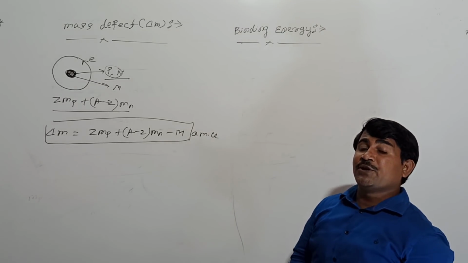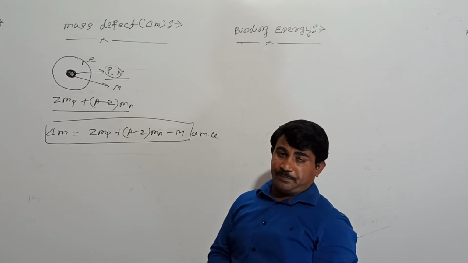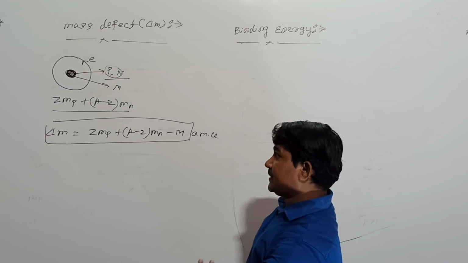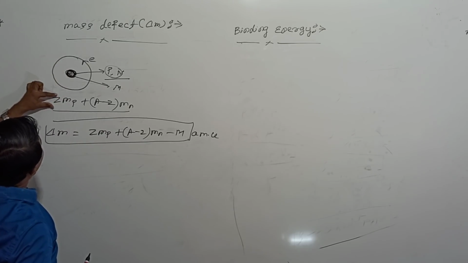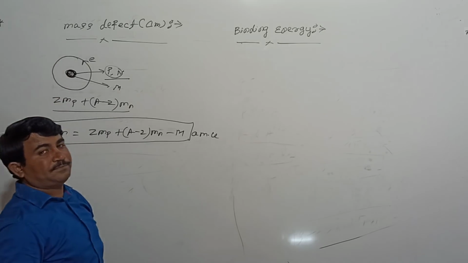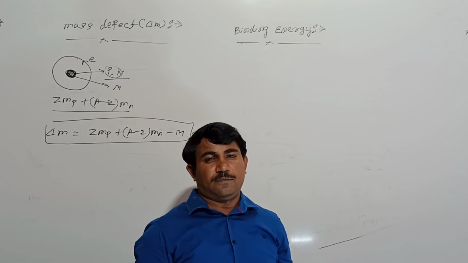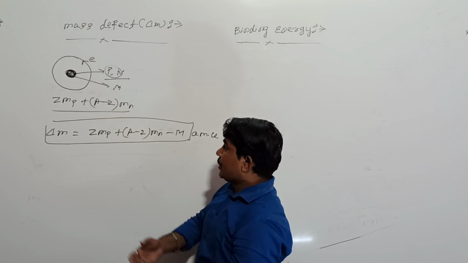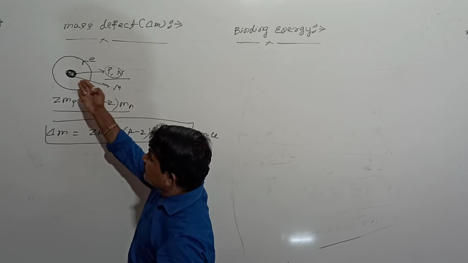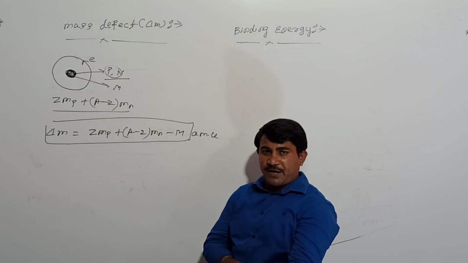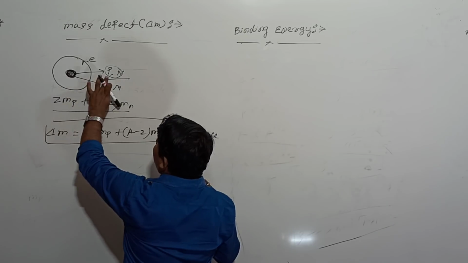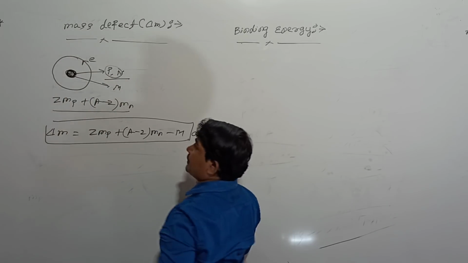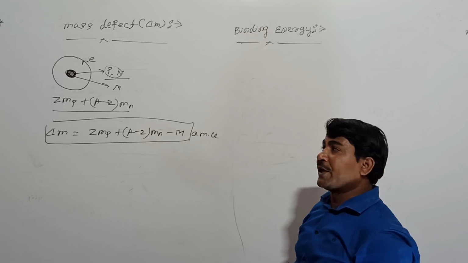Or binding energy can be defined in an alternative manner also: binding energy is the energy with which nucleons are held together inside the nucleus, or the minimum energy required to separate the nucleons from the nucleus.